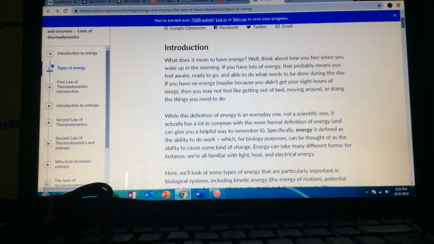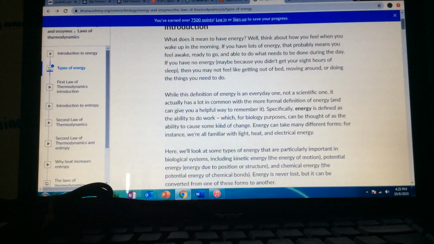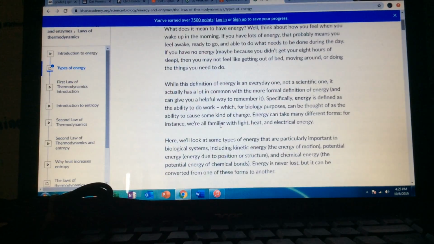Well, this definition of energy is an everyday one, not a scientific one. It actually has a lot in common with the more formal definition of energy. Specifically, energy is defined as the ability to do work, which, for biology purposes, can be thought of as the ability to cause some kind of change.